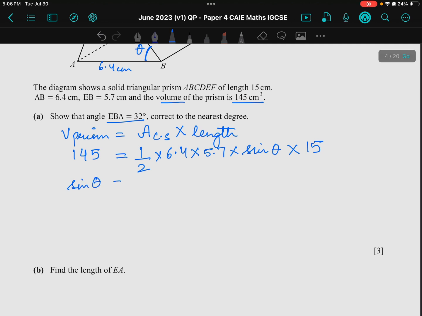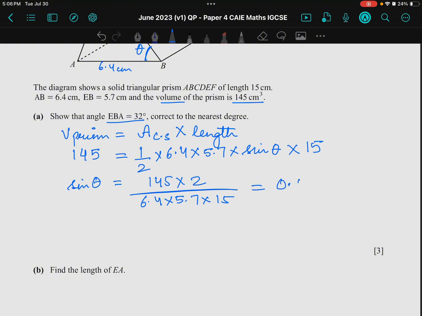So sine of theta is equal to 145 multiplied by 2, taking the rest of the things to the other side of the equals sign, only keeping sine theta on one side. So it will be 6.4 into 5.7 into 15.